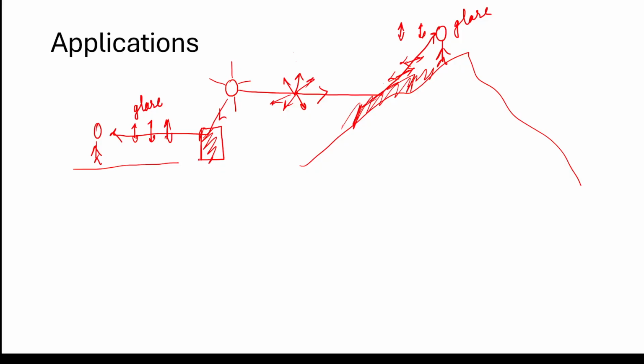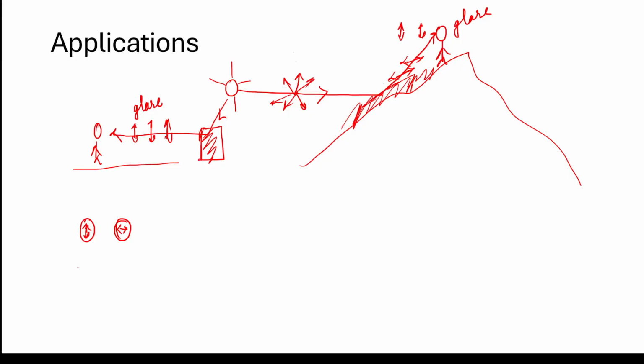Another application of polarization is in 3D movies. One side of the glasses allows only vertical oscillations into your eye, and the other side allows horizontal.